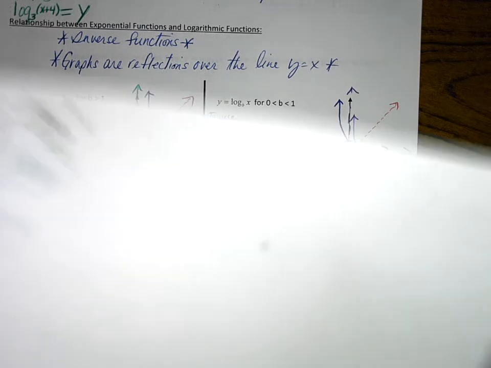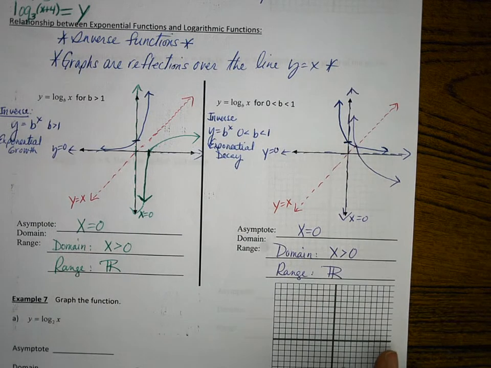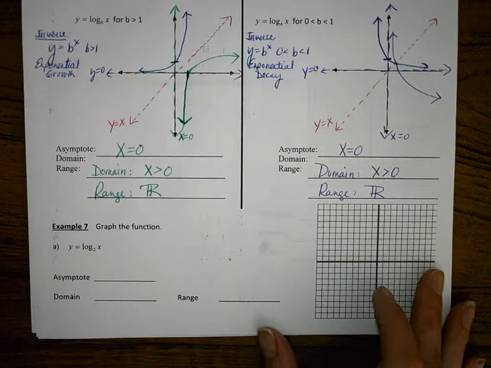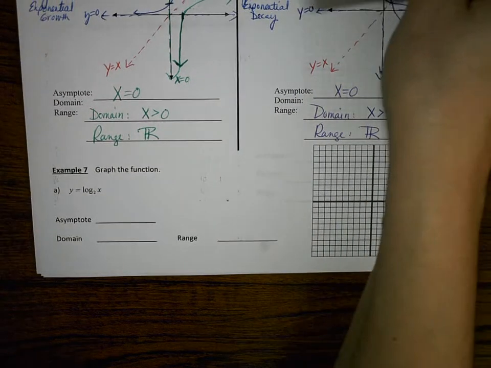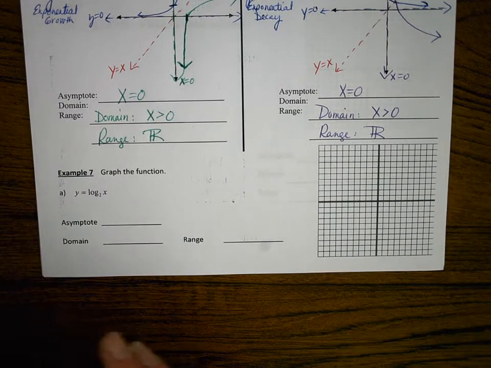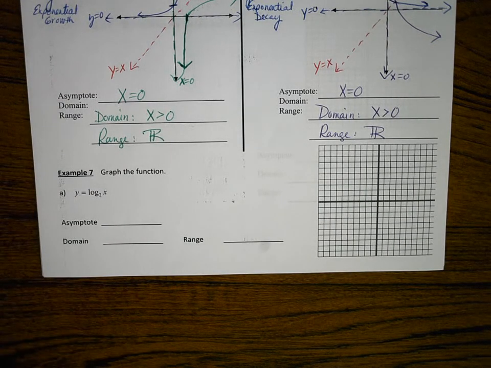All right, now let's take a look at how to graph these. And this is going to be a little bit different than anything you've ever graphed. Okay, so we're looking at this parent function right now of log base 2 of x. Now, I need you to remember what you are doing. When you are finding a logarithm, you are finding an exponent.